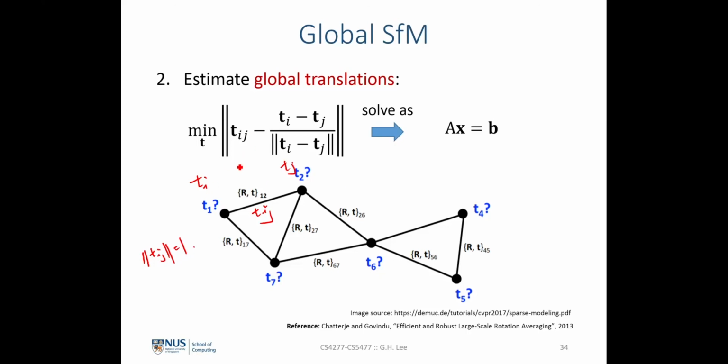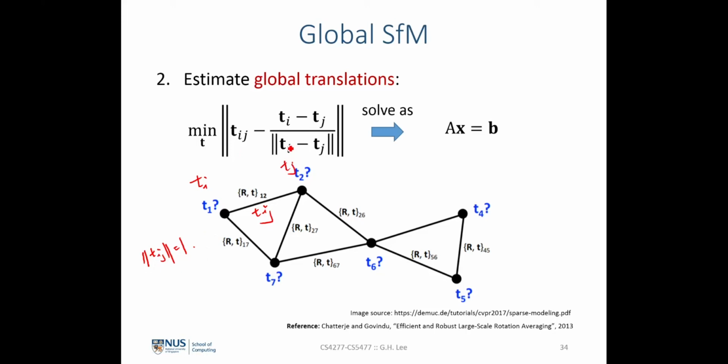Now we want to make sure that the difference between the observed Tij and the relative transformation computed from the global poses Ti and Tj is minimized. So we can formalize this as Ti minus Tj, taking the difference between this and the Tij observed from the computation of the essential matrix.